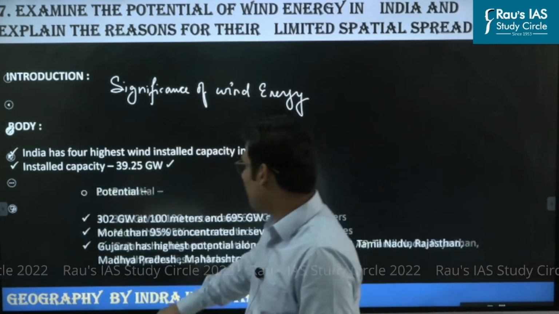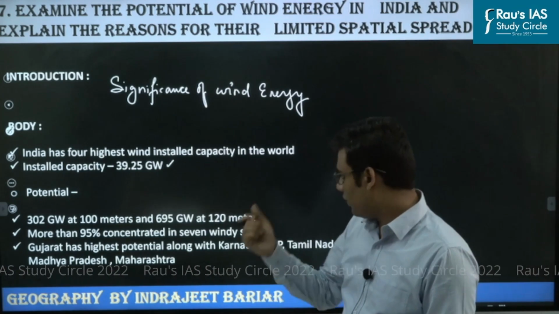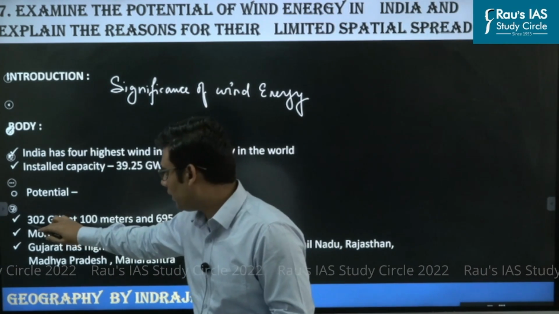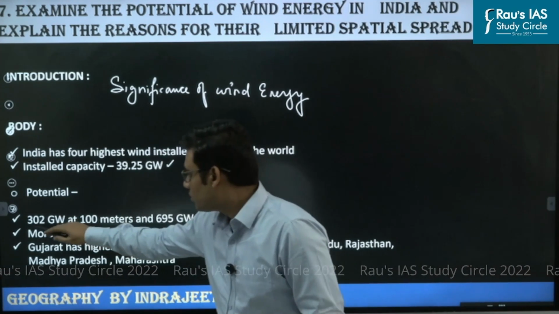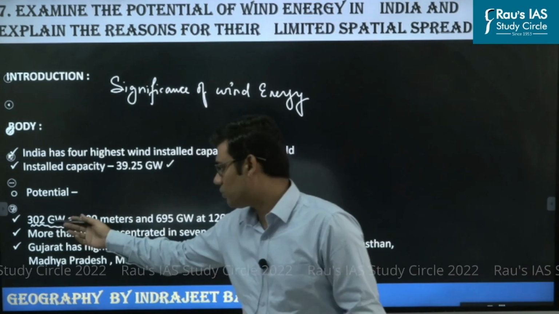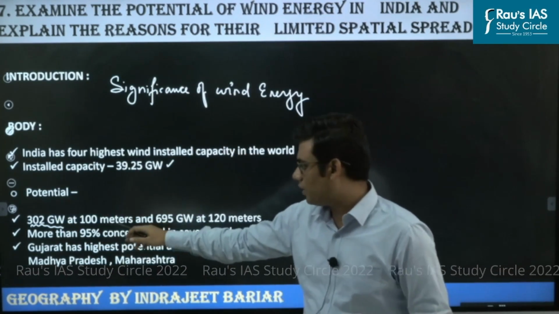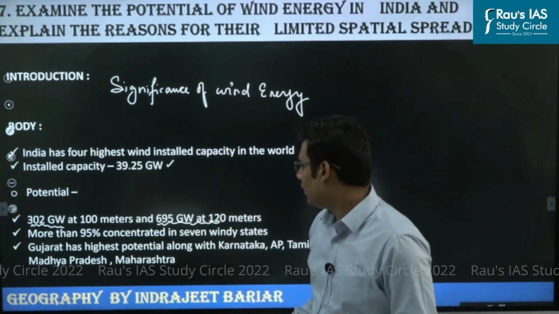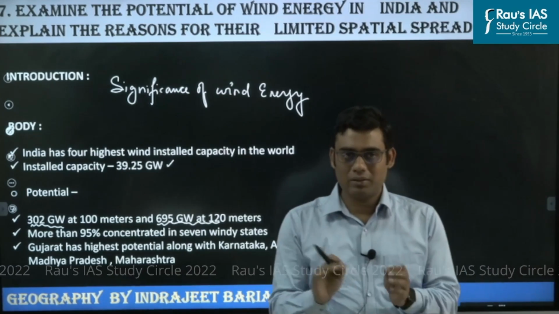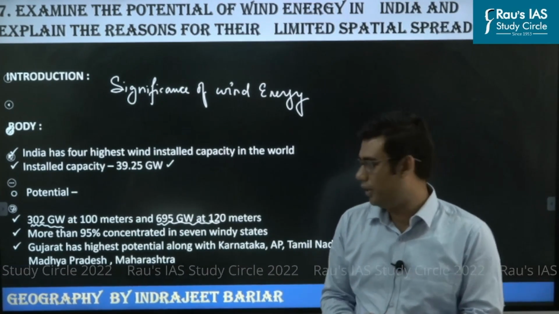So under the potential, the first thing is the total potential, which is data that everyone is supposed to remember. Roughly 300 gigawatts, but precisely 302 gigawatts at 100 meters height and 695 gigawatts at 120 meters height. That's the first thing about the overall total potential of wind energy generation in India.